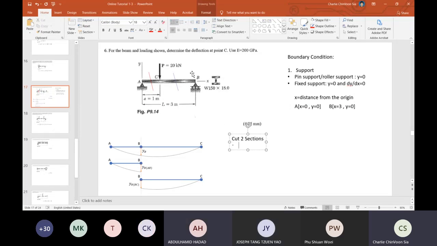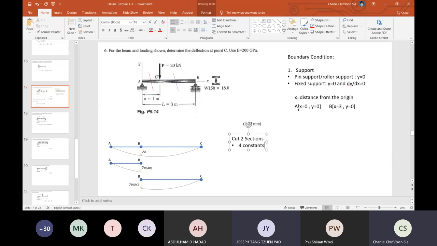C1 and C2, right? If you cut one section, we will have two constants, because if we perform double integration, you will get two constants, C1 and C2. So if you cut two sections, four constants that we need to determine.